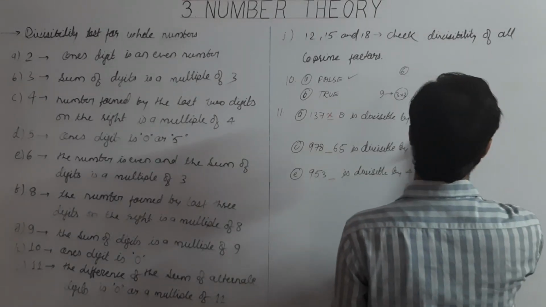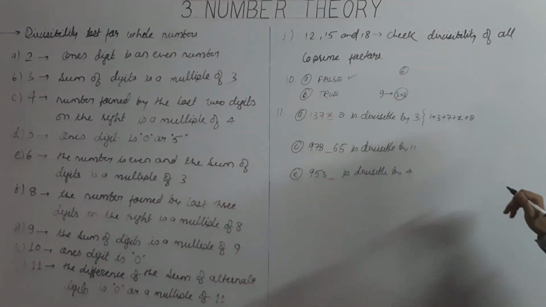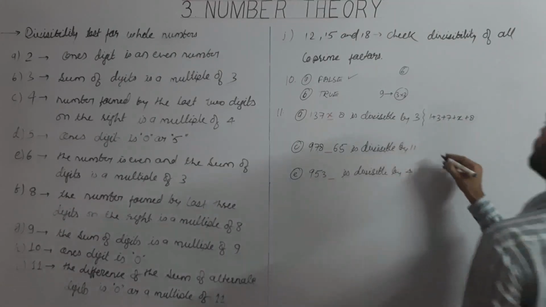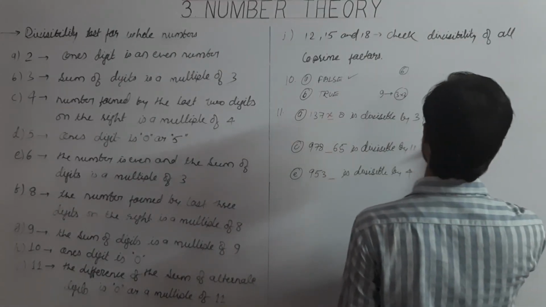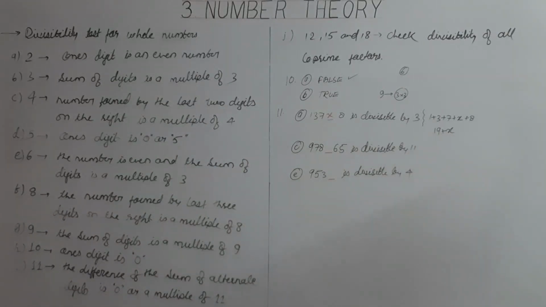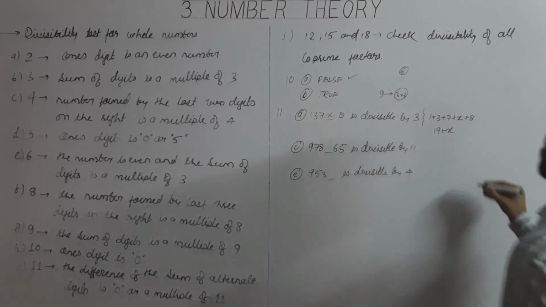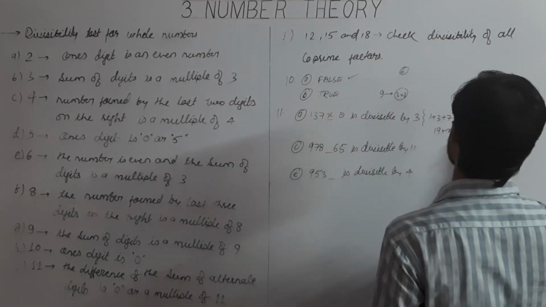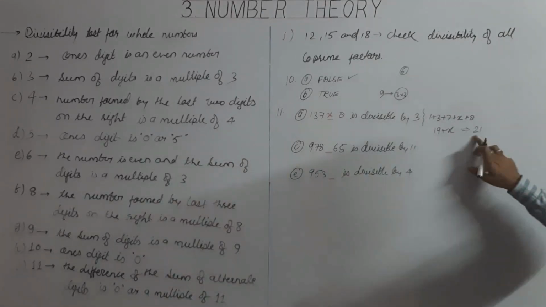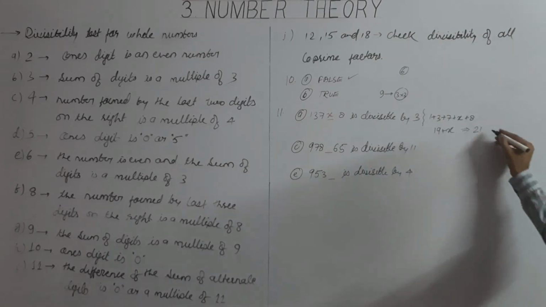So 1 plus 3 is 4, 4 plus 7 is 11, 11 plus 8 is 19, 19 plus x. Now multiples of 3: 3, 6, 9, 12, 15, 18. 18 is less than this number, and after 18 the next multiple is 21. So the least value is the next multiple minus 19.